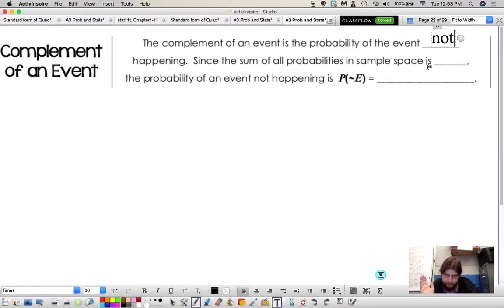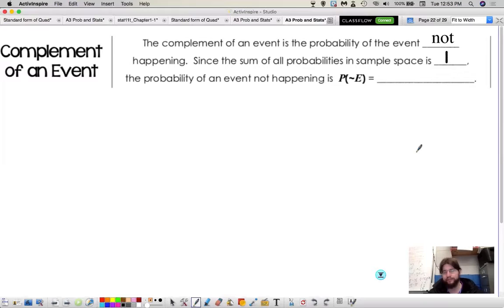If you had the probability of every single possibility, it's got to be 100%, right? It's got to add up to 1. I mean, think about it. If you have either flipping a coin and getting a heads or flipping a coin and getting a tails, that's your only 2 possible outcomes. If you add those up, you get 1, 50-50, 1/2, 1/2. So if you add up all your probabilities, it's got to equal 1.